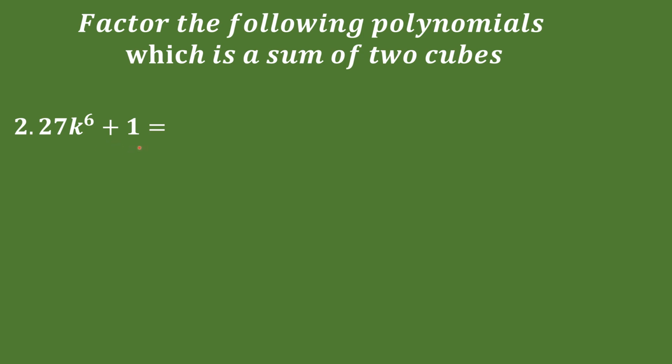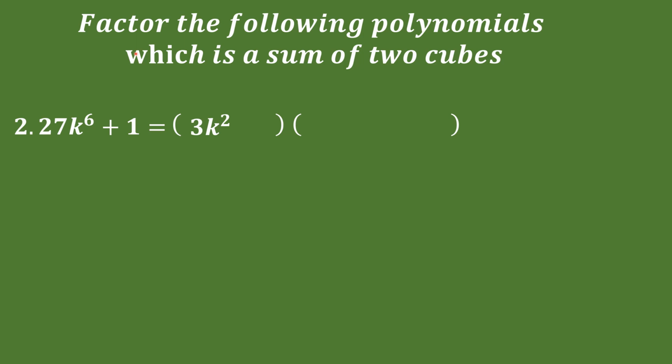Well, is 1 a perfect cube? Yes, 1 is a perfect cube. So therefore we are now ready to get their factors. Let us now proceed. We are going to prepare two sets of parentheses, and for the binomial set we need to remember the step.